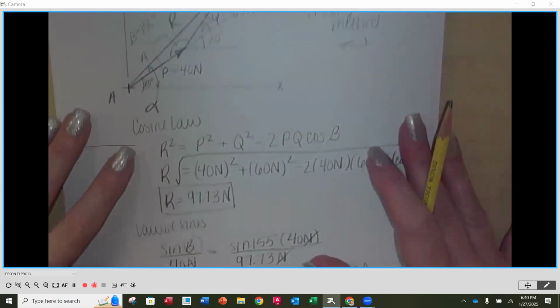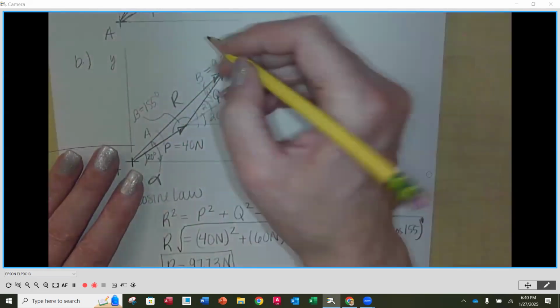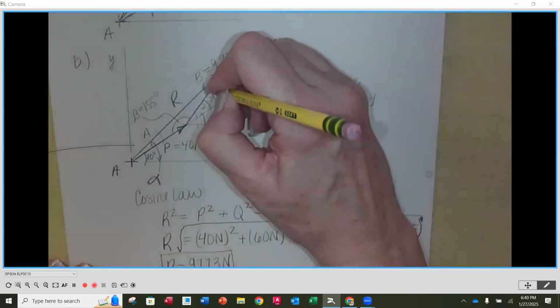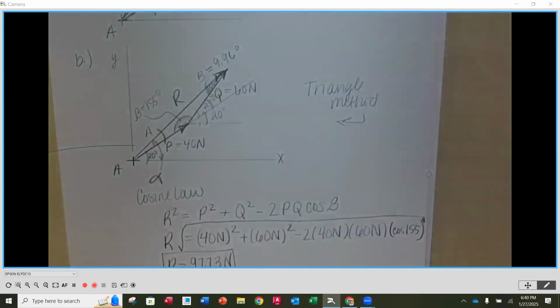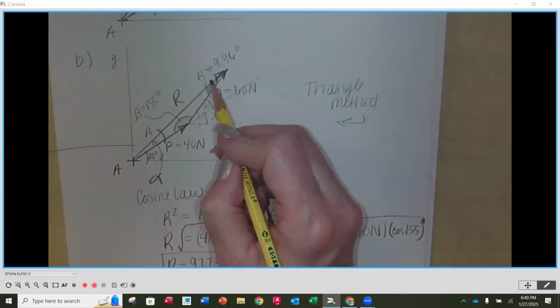So now if that's my angle up here, I know this to be 9.96 degrees, right? So I know this angle, I know this angle. How can I find angle A? I know the total of the angles inside is equal to what? 180. So I can take 180 minus 155 minus 9.96 and I'll get A, right?